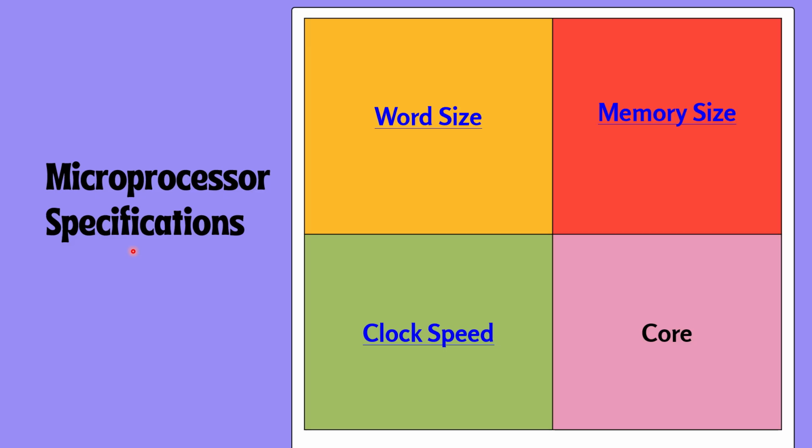Microprocessors are classified on the basis of different features like the chip type. Chip type means whether it is a large scale integrated circuit or a very large scale integrated circuit, based on the number of transistors used. And we also use the word size, memory size, clock speed, and the core. Based on these features, a microprocessor is classified.